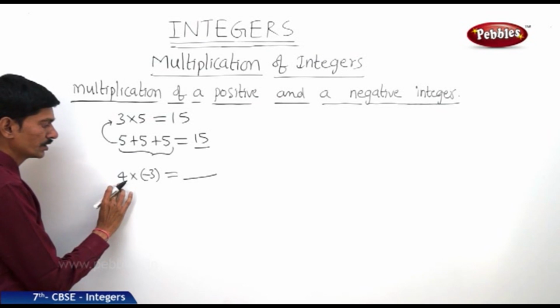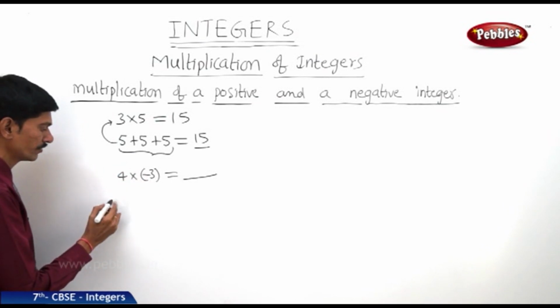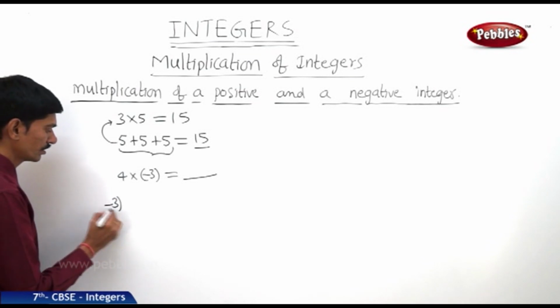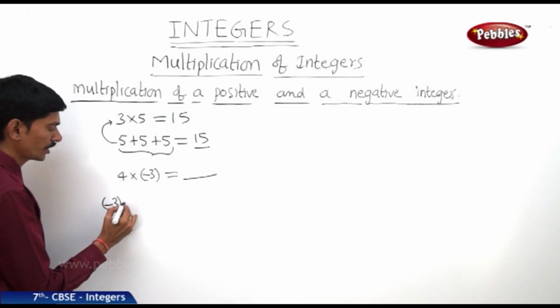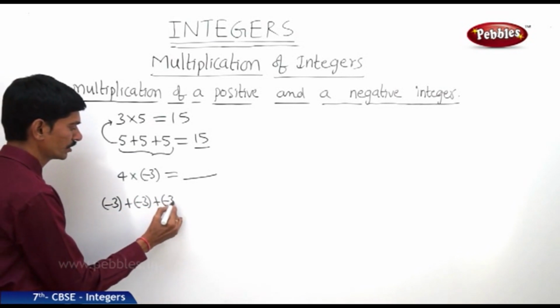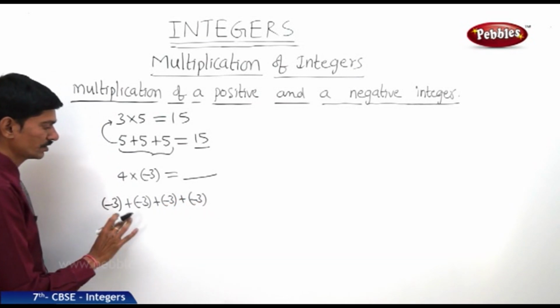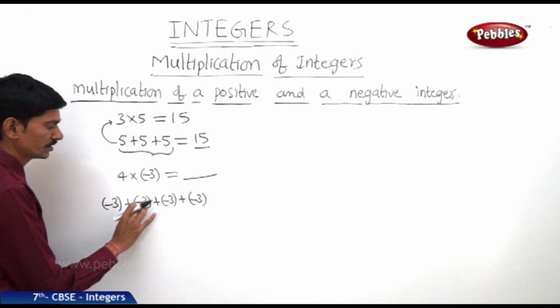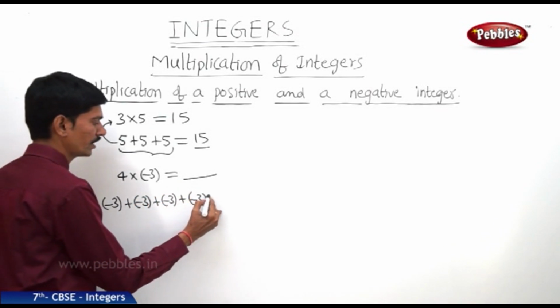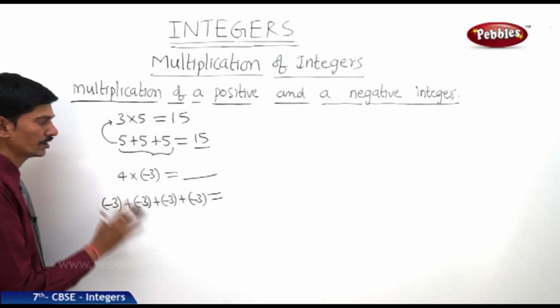Here 4 into -3 means 4 -3s are added. So -3 is taken 4 times and added: -3 plus -3 plus -3 plus -3. So here how many -3s are there? -3, -3, -3 and -3. 4 -3s are there. So when you add these 4 -3s, then what will you get?